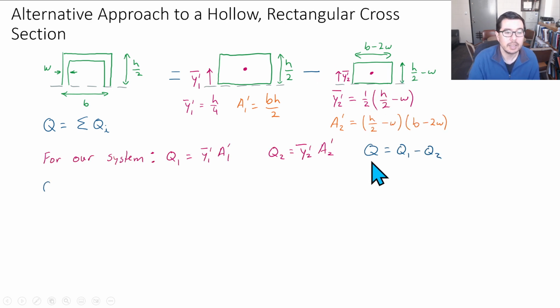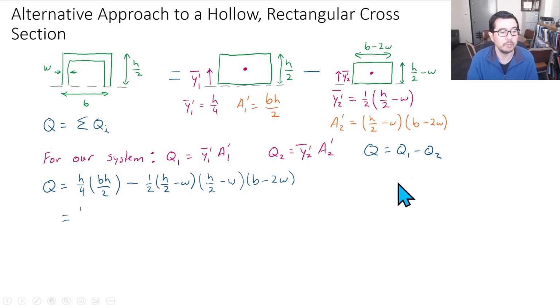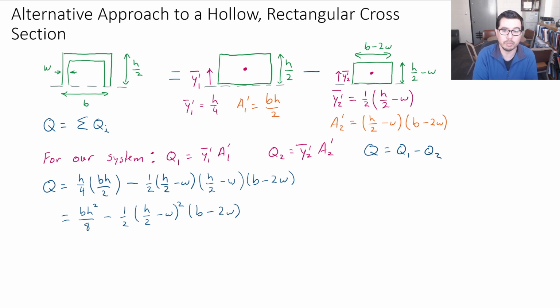And then we can calculate the overall Q. The overall Q is going to be Q1 minus Q2, which we're calculating here. And we get an expression for Q, which again we can plug into the shear formula.